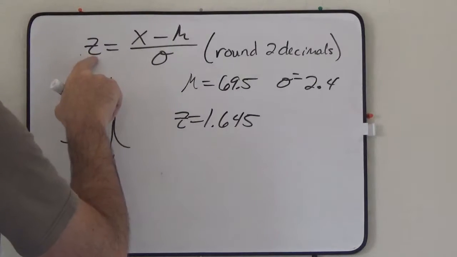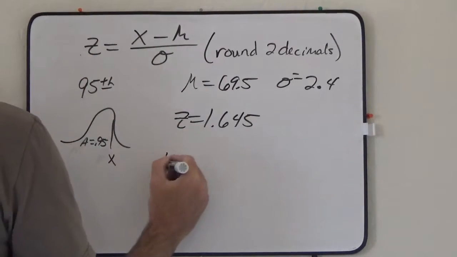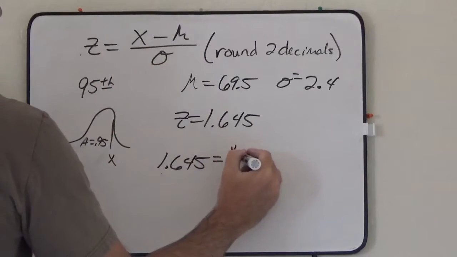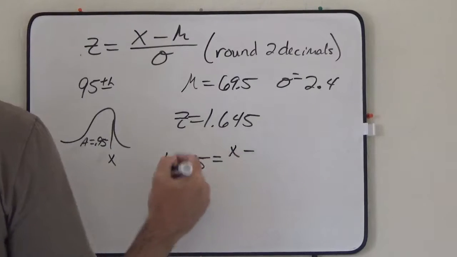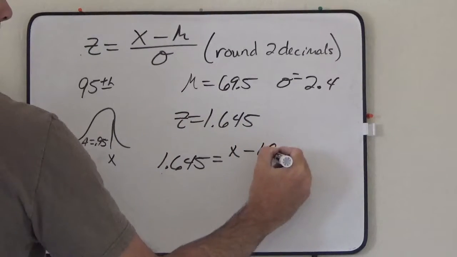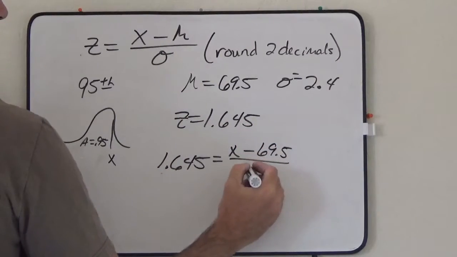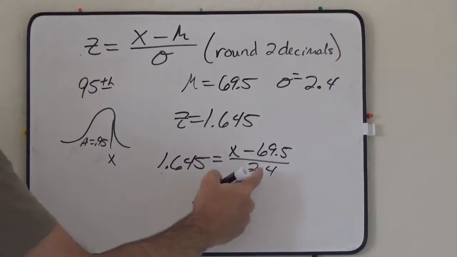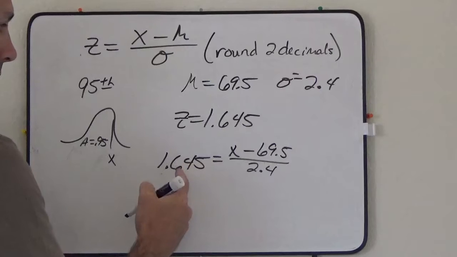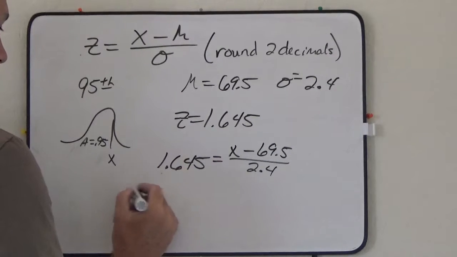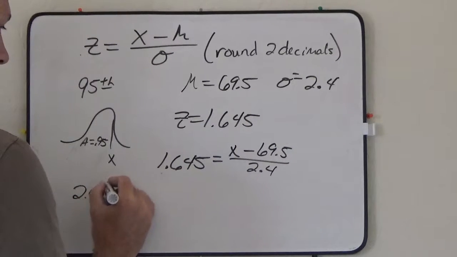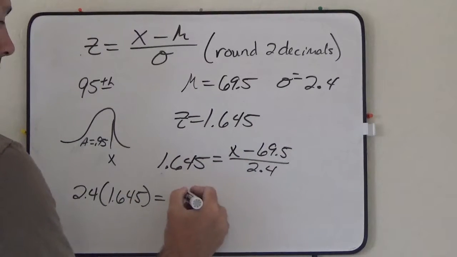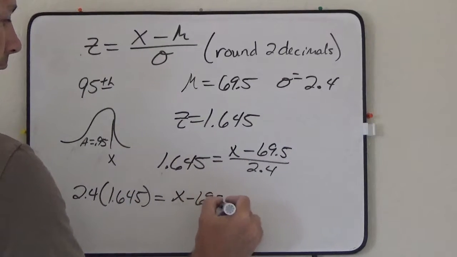So my z is 1.645, x is x, we don't know it, minus mu, which is 69.5, and then the standard deviation is 2.4. When we solve this, we're going to multiply by 2.4 over here. So we have 2.4 times 1.645, and what we have remaining here is x minus 69.5.